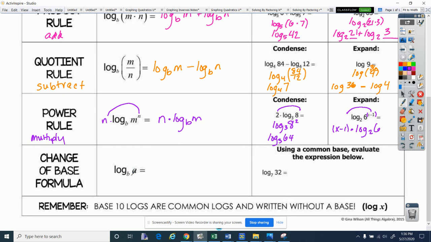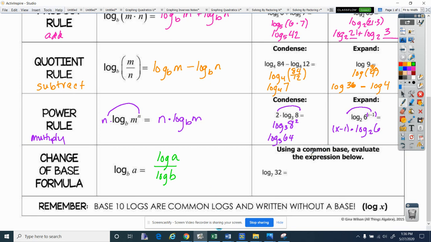So log base b of a turns into log of a divided by the log of b. And how do we remember that the a goes on top and the b goes on the bottom? Well, a comes before b, so a on top, b on the bottom, or b stands for base, and where's the base? On the bottom.